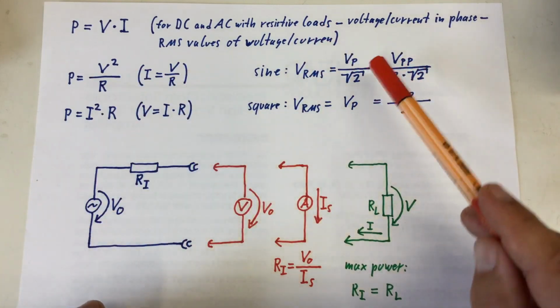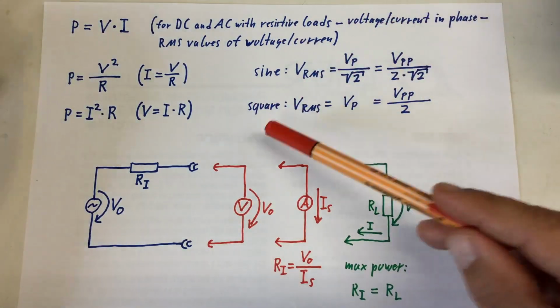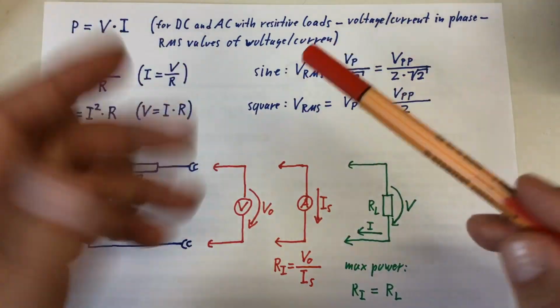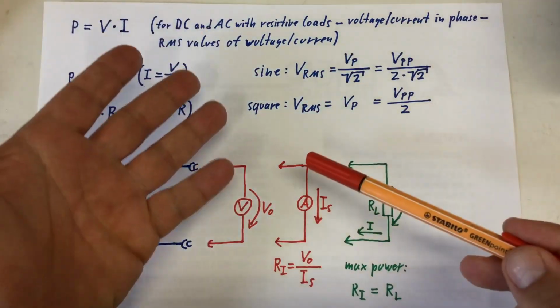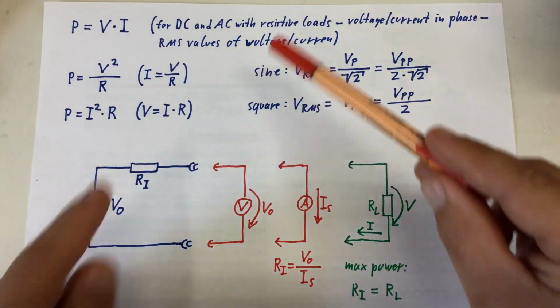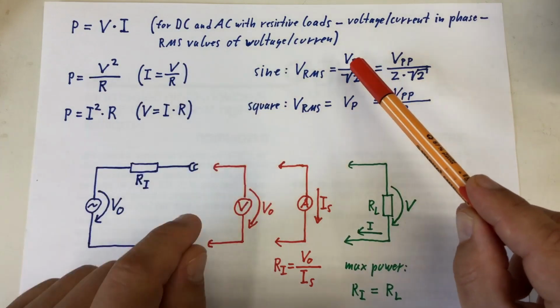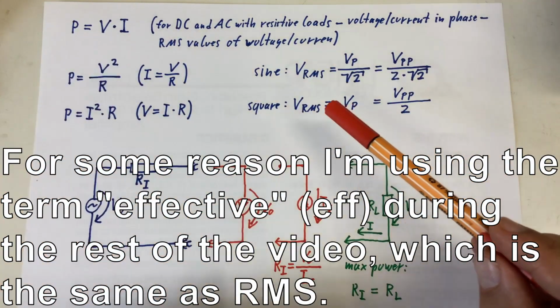Keep that in mind. If that's no longer true, we're in a whole different world with real and active power, reactive power, complex power and apparent power. So let's stay here with resistive loads and using RMS values whenever I'm saying nothing else for voltage and current.